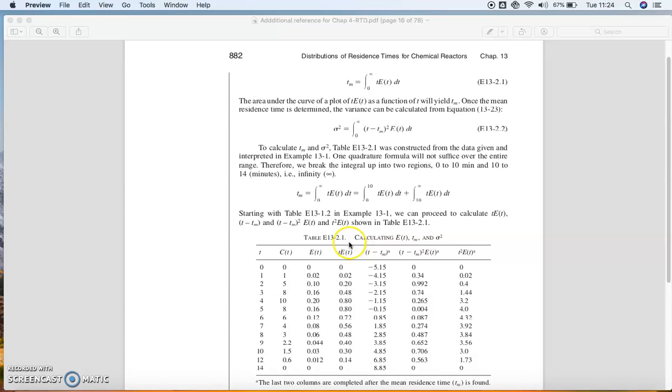Now you are calculating Tm, so you need to calculate first T times ET. You just multiply. For instance, T at 1 times ET at 1 is 0.02. You need to calculate this for the whole set of values.